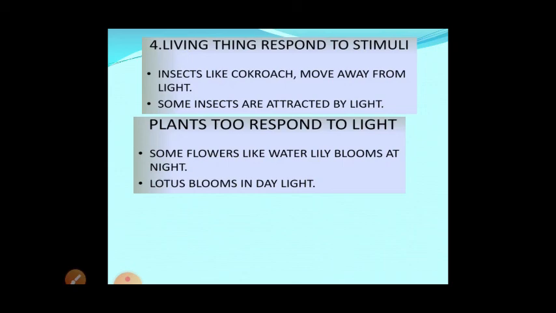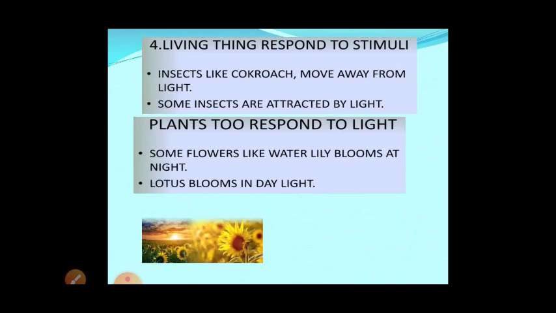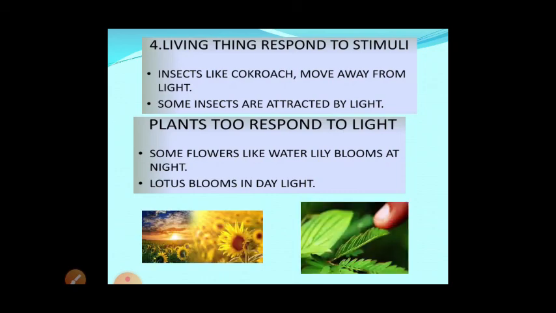Another way: all living organisms reproduce. What is reproduction? Reproduction is the process of producing their own kind of young ones.